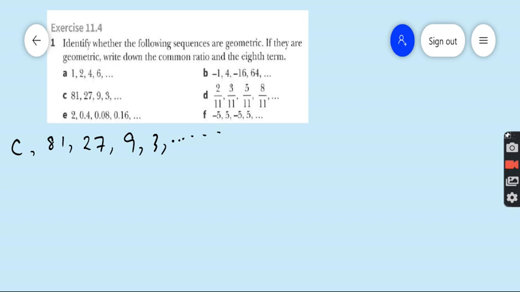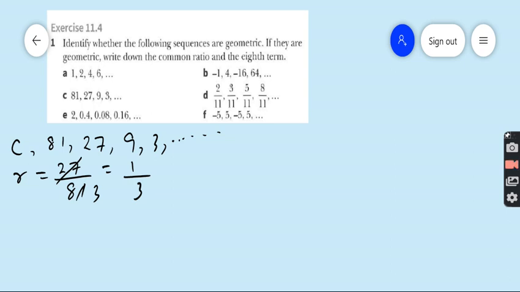Obviously, it is a geometric sequence because the ratio is same, that is r equals 27 upon 81, which is equal to 1 upon 3. And if you find 9 upon 27, you will get 1 upon 3. If you find 3 upon 9, you will again get 1 upon 3.